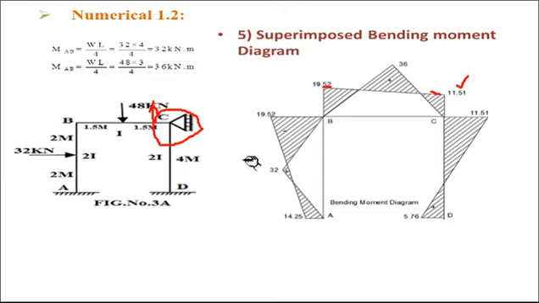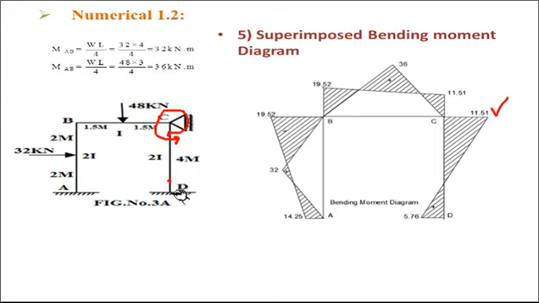Next is vertical column CD. MCD is plus 11.52. So you have to again keep pen close to C. Plus sign is there, that means you have to rotate about C in an anti-clockwise sense. So it comes toward the right, so show toward the right moment 11.52. For D, end moment MDC is positive.